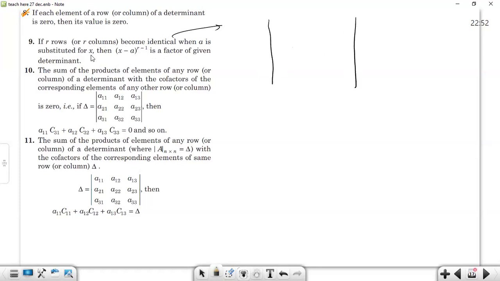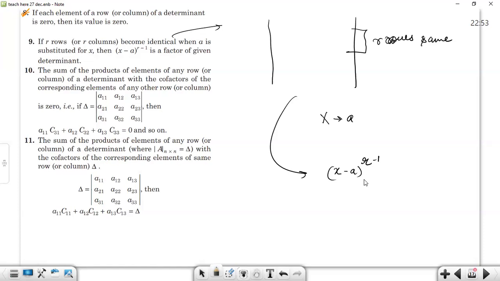What this property is saying is that if there are R rows or R columns that are identical, meaning the rows are the same, and when A is substituted for X in those rows, where there was a particular variable, then the new determinant will have a factor (x minus A) raised to power (R minus 1).